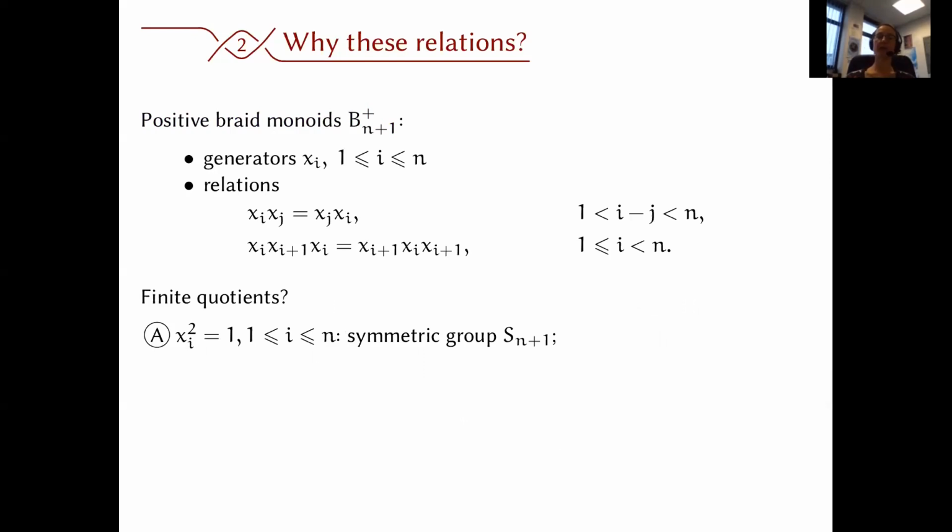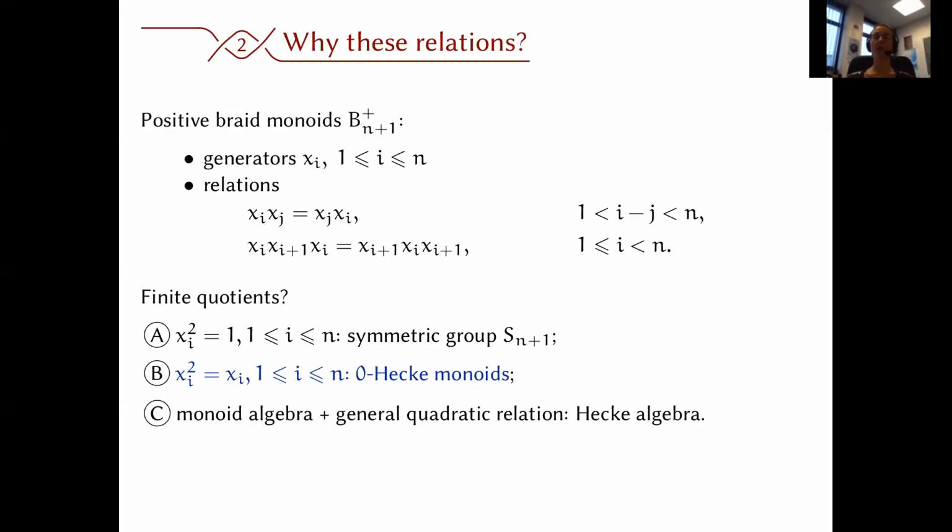A slightly less familiar choice can be to impose every generator to be idempotent. This is what is called the zero Hecke monoid, and comes under a bunch of different names.